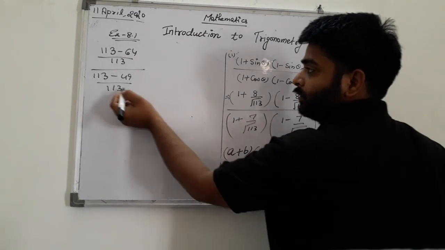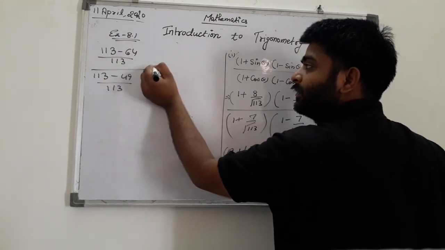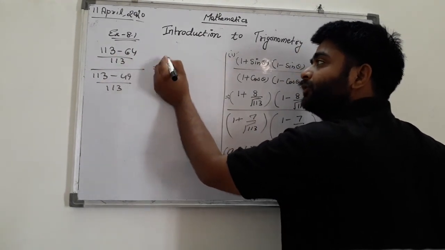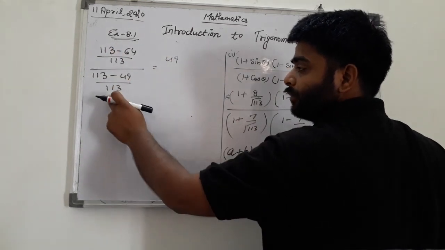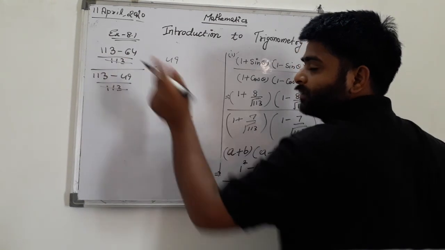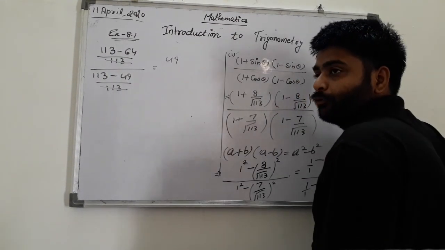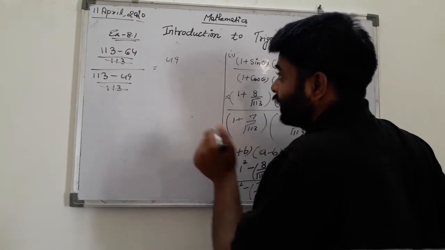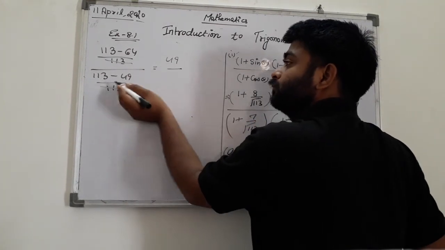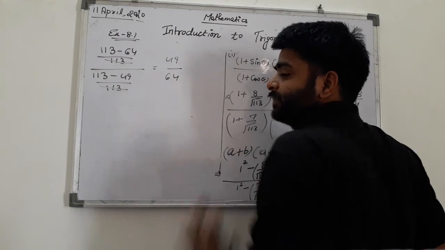Now class, 113 minus 64 is 49, and 113 minus 49 is 64. If this is in denominator and this is also in denominator, both values will cancel out. So 49 upon 64 is the answer.